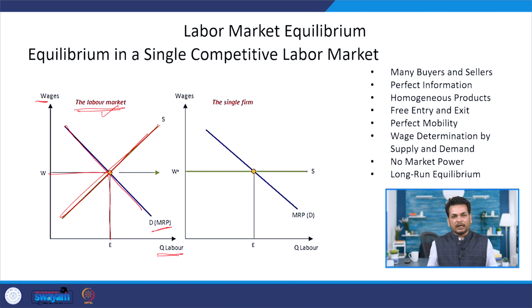Each individual farm accepts this wage rate because they do not have the capacity to influence it. So, at this going wage rate, all the workers are ready to supply their labor to this particular farm. Now, how much labor should be employed purely depends on the demand for labor by that particular farm, which is guided by the marginal product of labor.